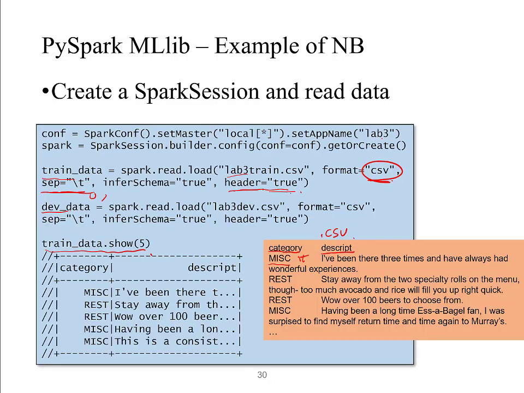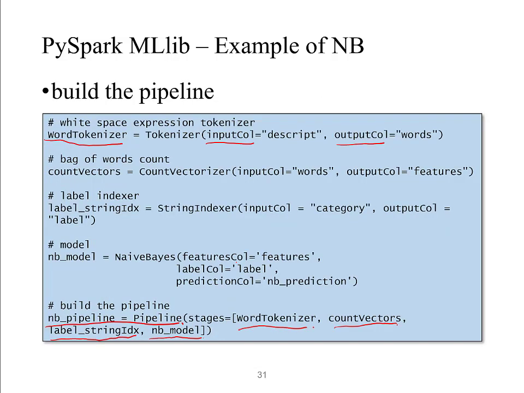Now, if you still remember, the train data only have category and descript, only these two columns. So we use the input column, which is descript, and we define the output column. So you can imagine after this transformer, it will produce a data frame with an additional column called words.